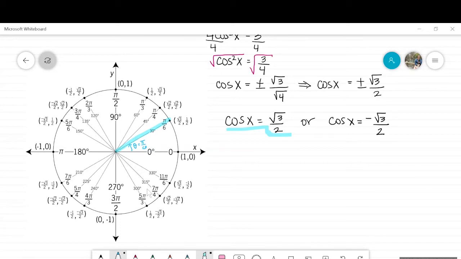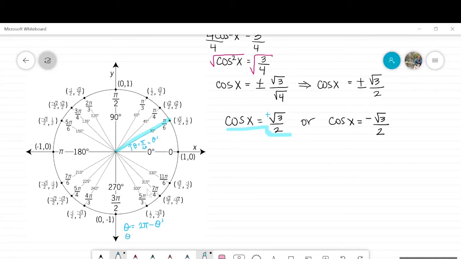So the other place where cosine is positive, because this is positive, that's this first group we're looking at, is down here in the fourth quadrant. So remember, the rule for that is our other angle is going to be equal to 2 pi minus the reference angle. I guess if you really want, you could call this something else like alpha, but it's just our secondary angle.